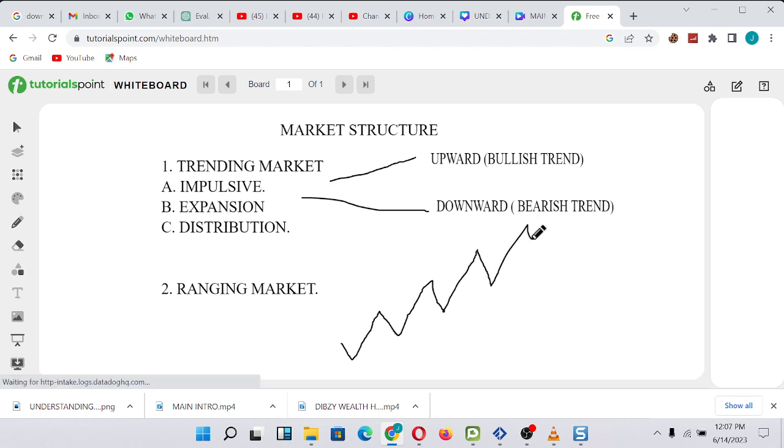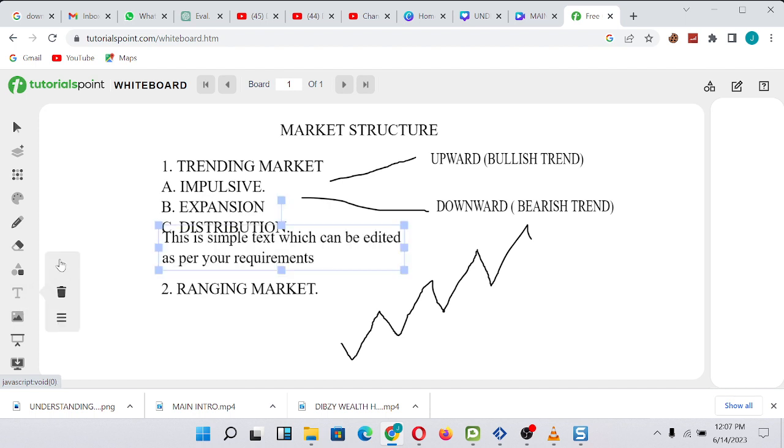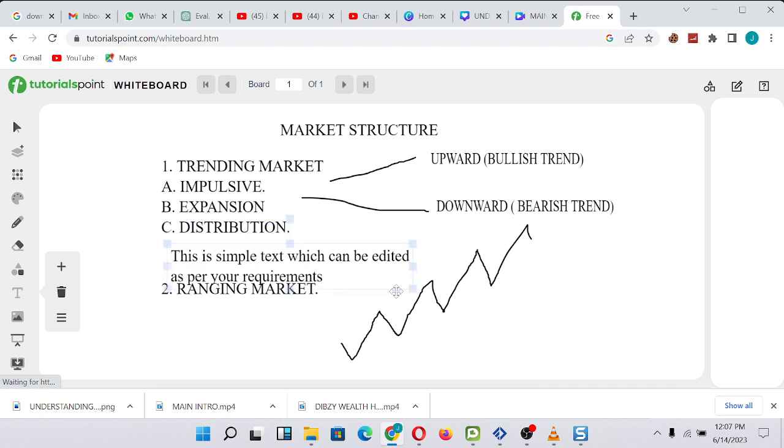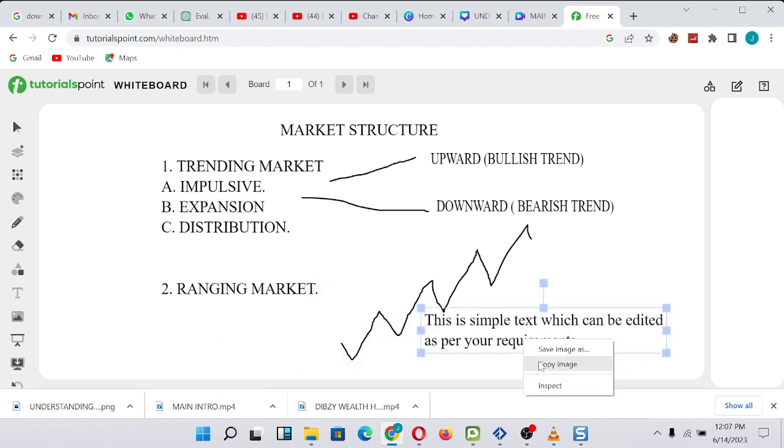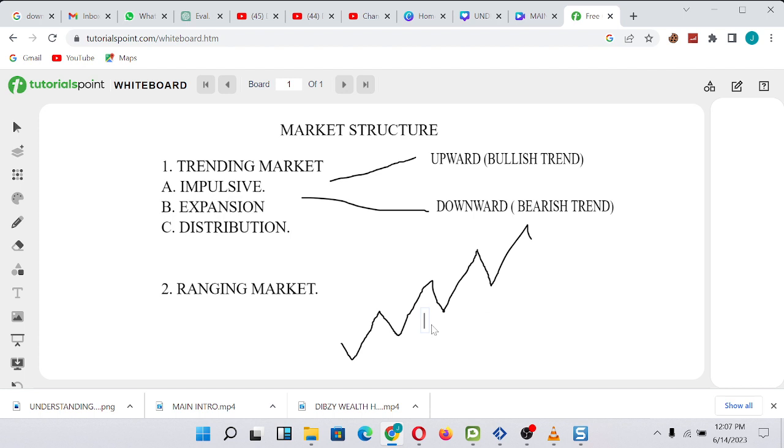In a bullish trend, we have to note two things here. Sorry, trying to take this off.